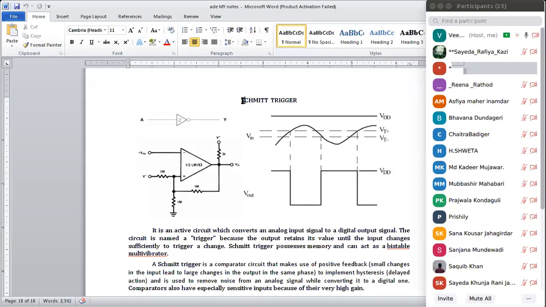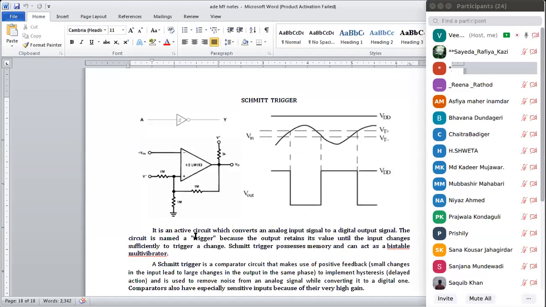Basically, this is also going to generate a non-sinusoidal waveform. It means it is going to generate a square waveform. This square waveform is going to be generated only whenever we trigger.